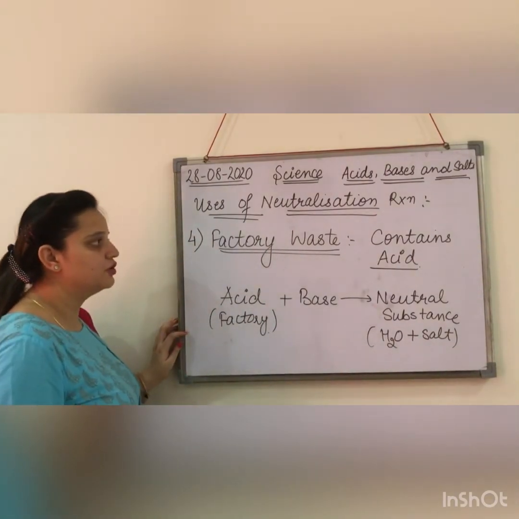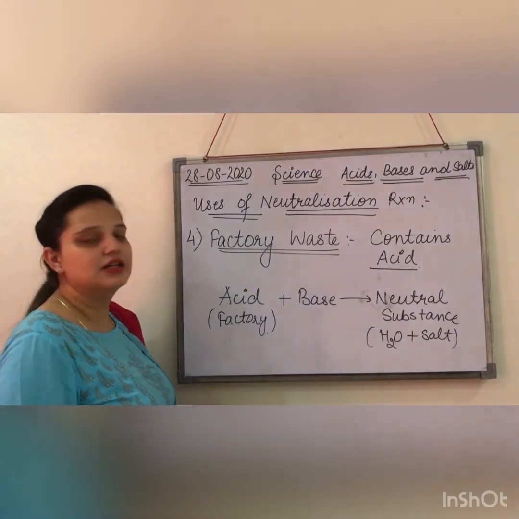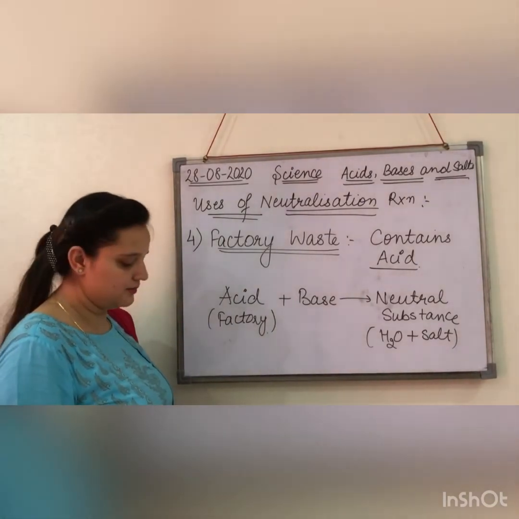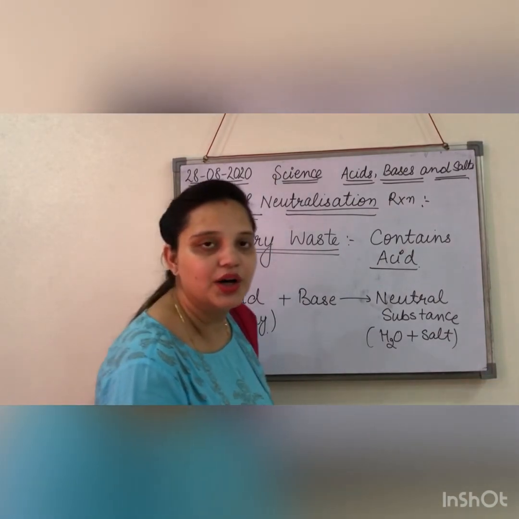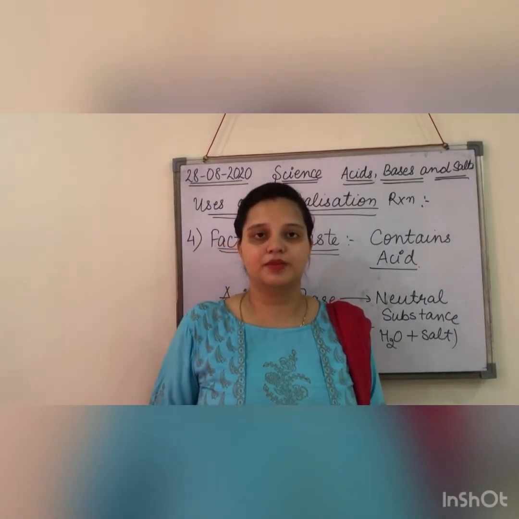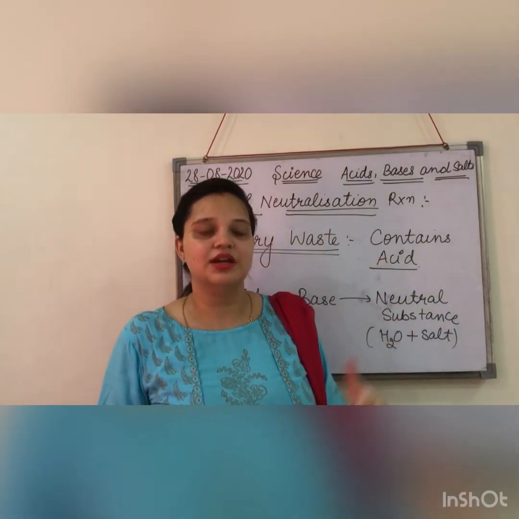So before disposing of this factory waste, the acid of the waste is neutralized with some basic substances, and then it is disposed into the water bodies. I hope in this video I have made the concepts of the neutralization reaction and its uses clear to you.